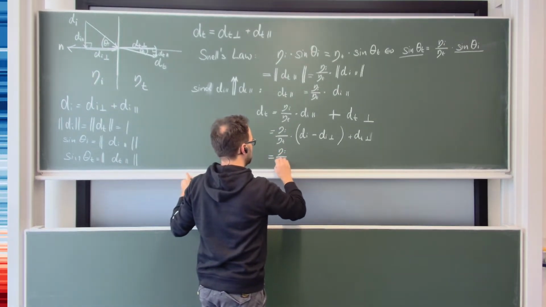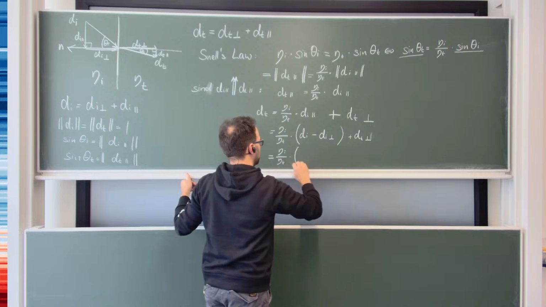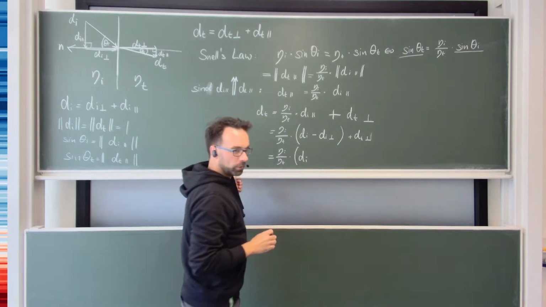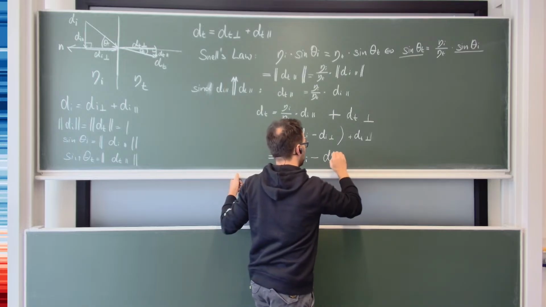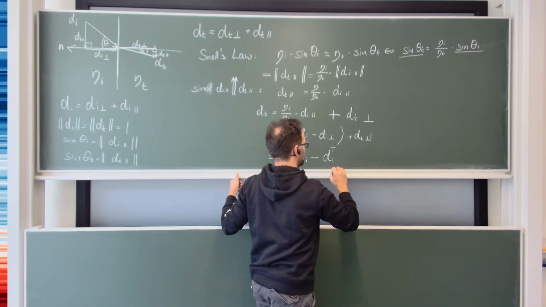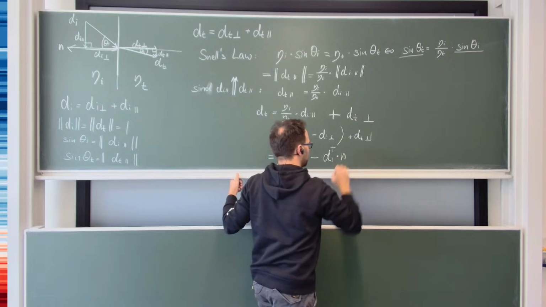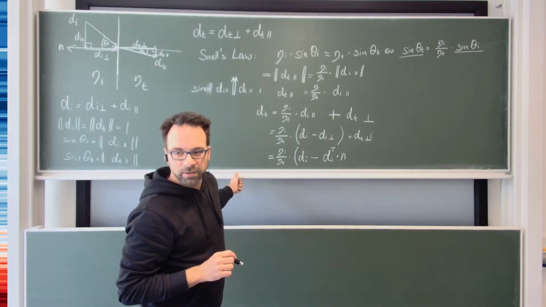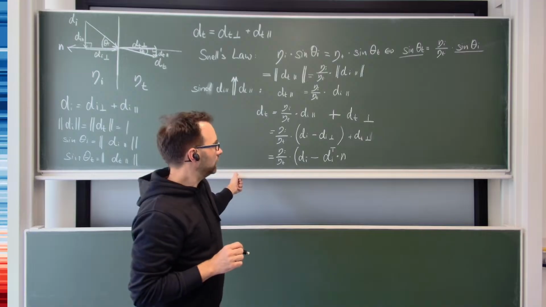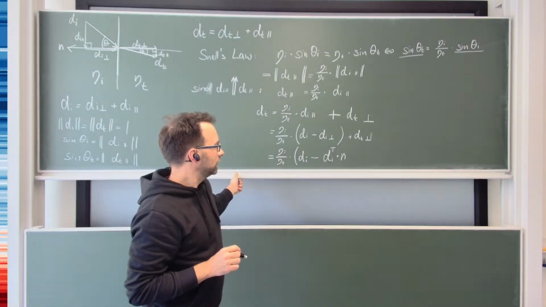So this is eta I over eta t times di, which we know, minus di transpose times n yields the length.